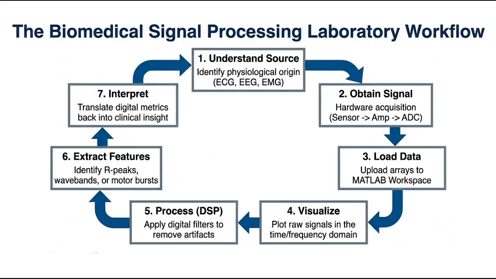What the biomedical signal processing workflow essentially does is help you understand the source, the origin, which is the ECG signal, the raw signals that we get. The sensor detects the signals, and the amplifier amplifies it, but with a lot of noise. The analog to digital converter takes the continuous analog signals and digitizes them, and then MATLAB receives everything in the form of arrays. Like I told you, it does not receive the number 5 as 5.